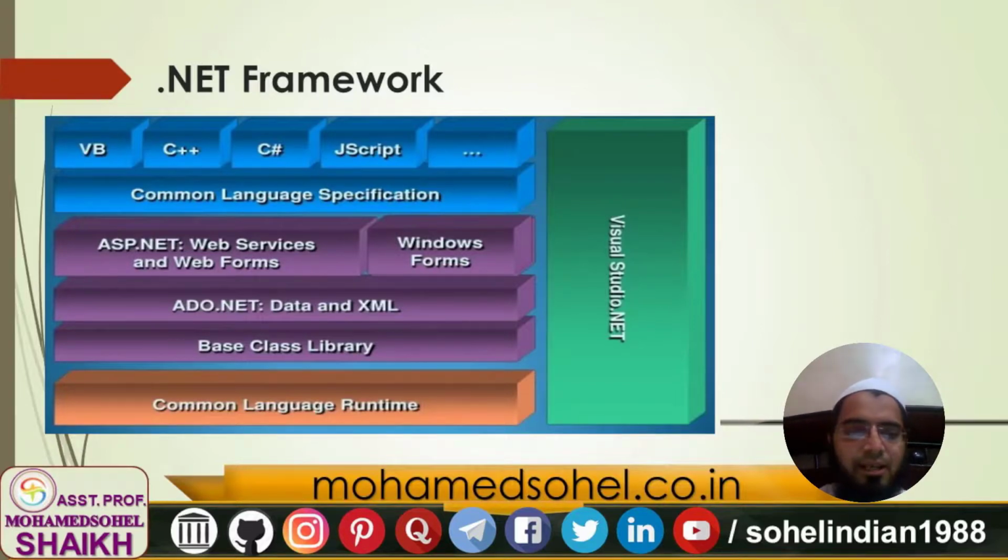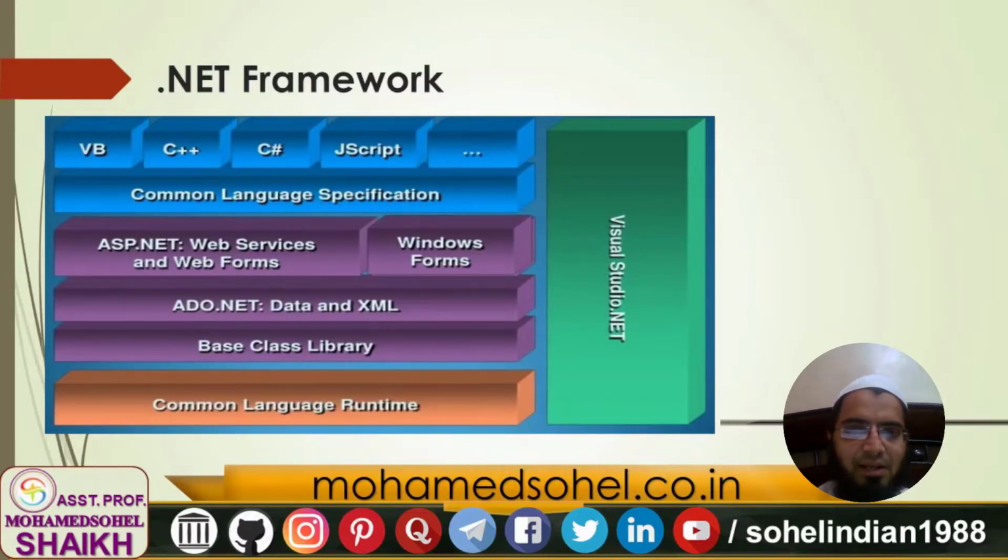It means if you want code which is written in one language to be used by another program in another language, then it should adhere to the CLS, or it is possible with the CLS, because the CLS describes a set of features that are common to different languages.